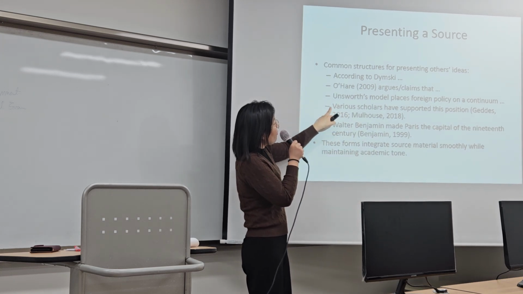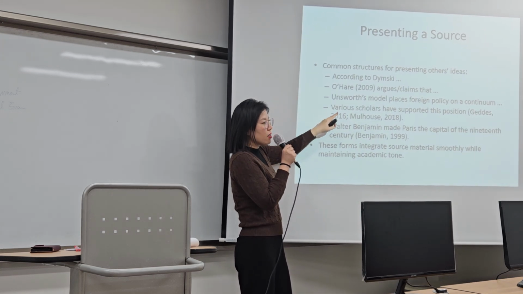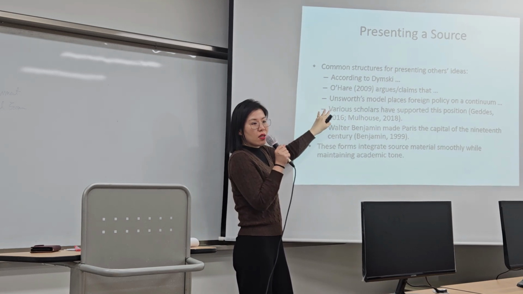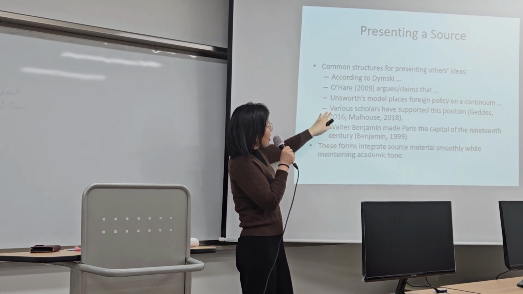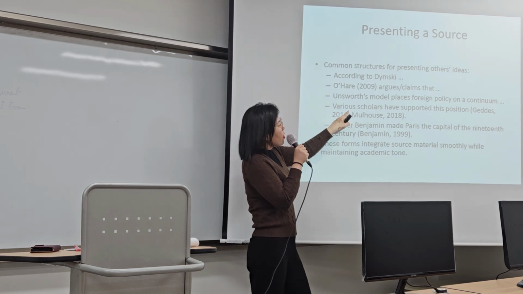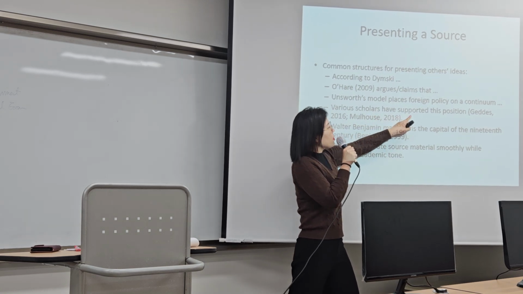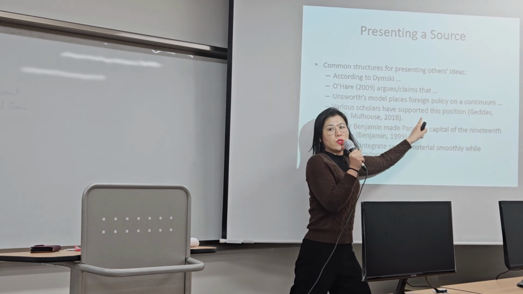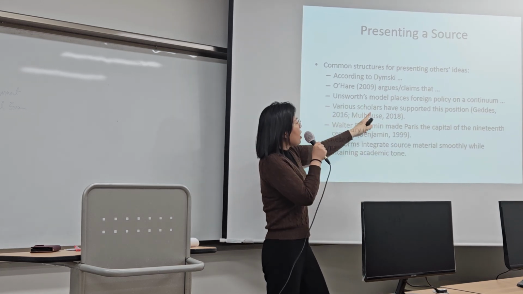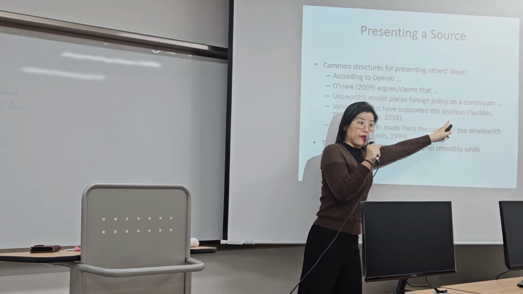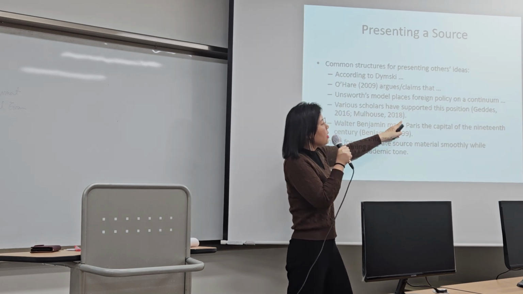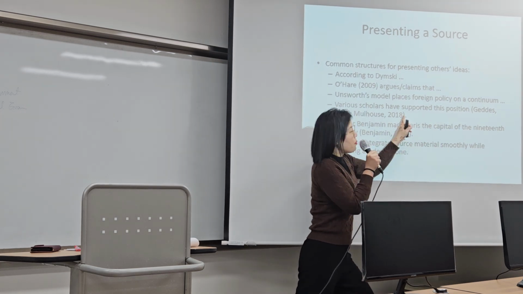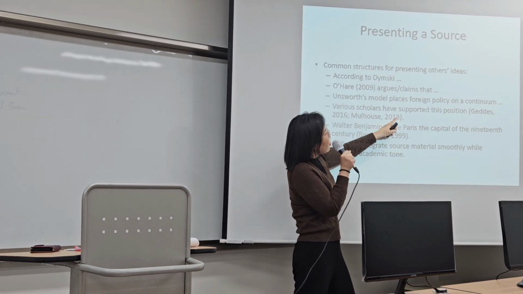And the 4th example is very important. Guys, have a look. You have to discuss a lot of sources, right? In this case, you say various scholars have supported this position, or various scholars have opposed this position, or various scholars have presented this case. You can use this expression, but you have to put the sources in brackets.